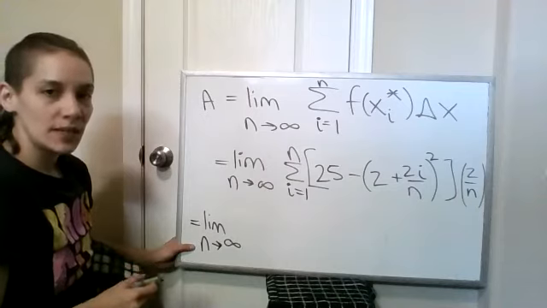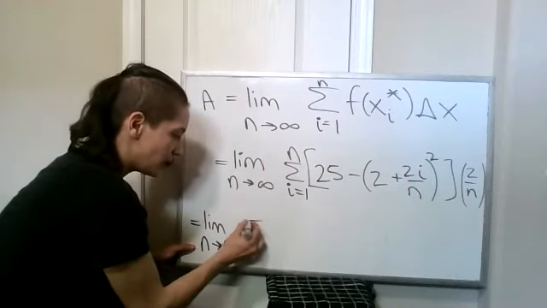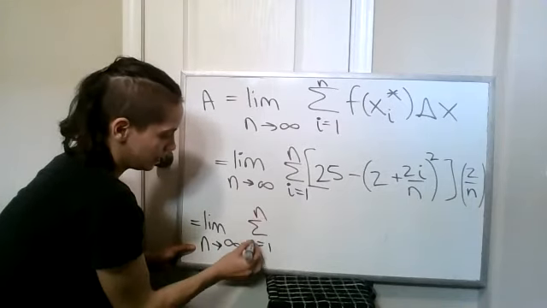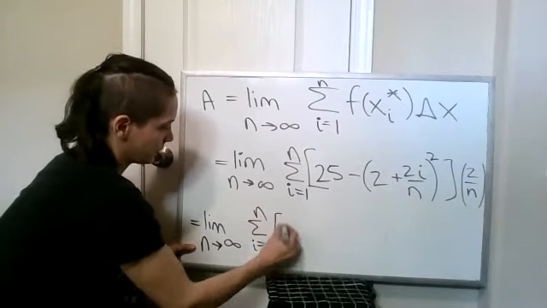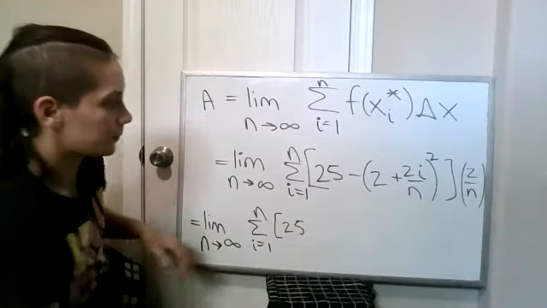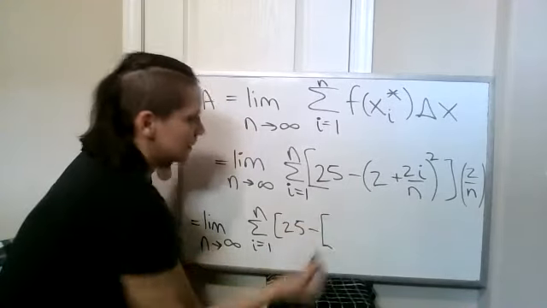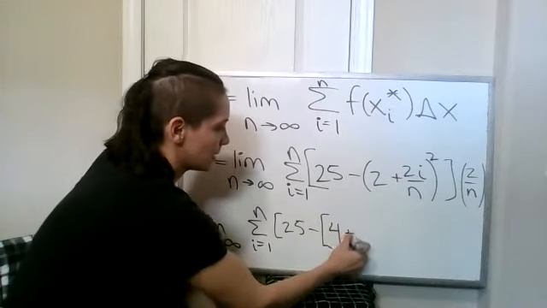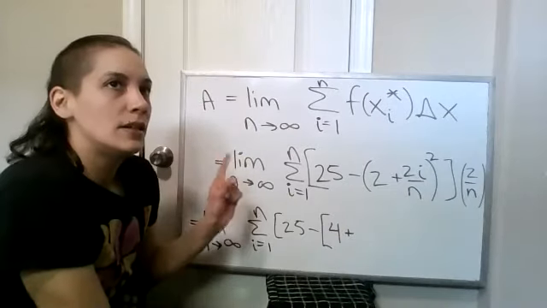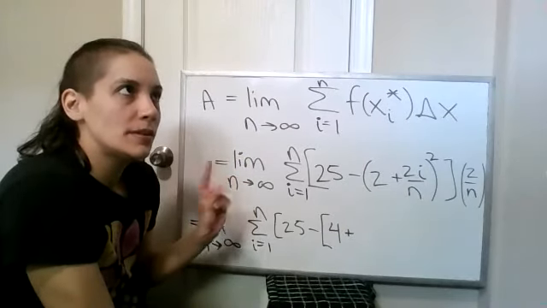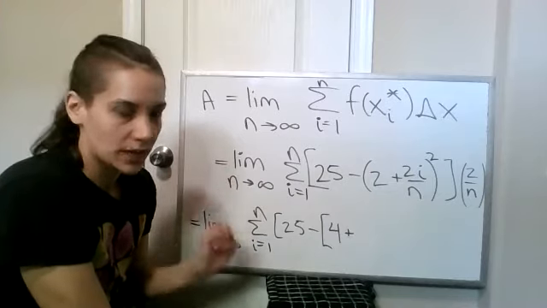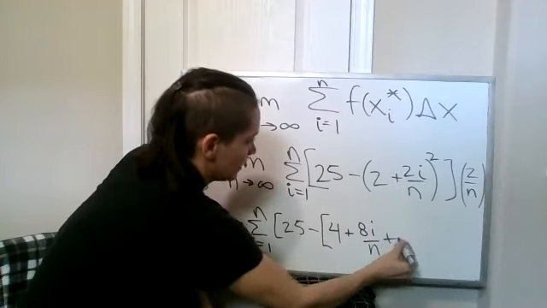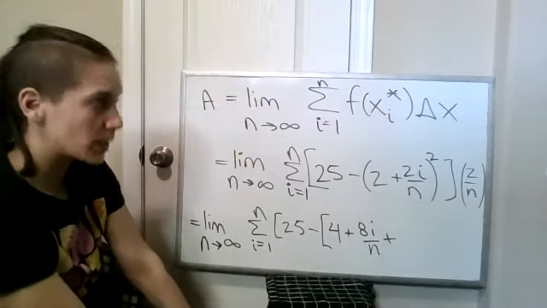Okay, n goes to infinity, and then your sum goes from i equals 1 up to n of 25 minus, in parentheses, 4 plus 8i over n plus 4i squared over n squared.